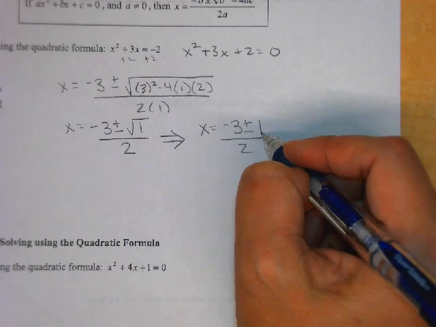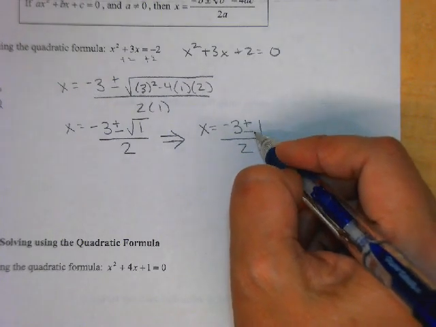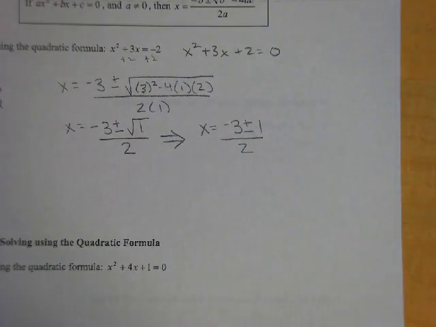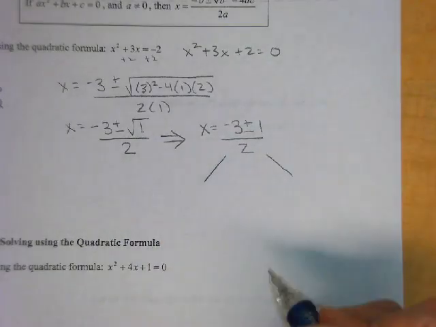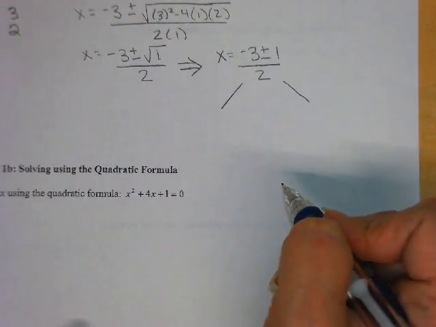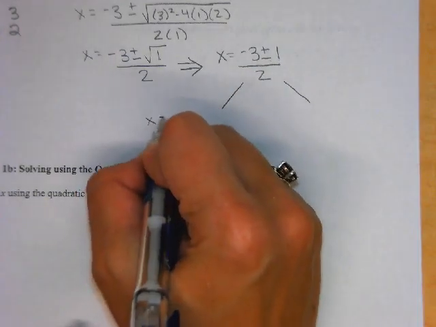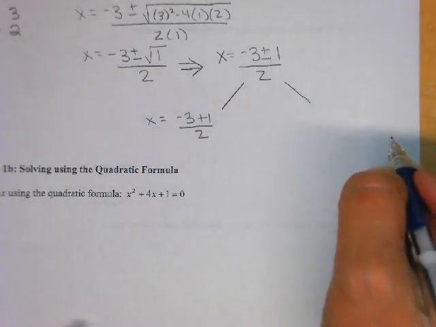And way back when we first looked at this plus or minus symbol, we said that is two operations. So this is really two separate problems. Yes? This is saying x equals negative 3 plus 1 over 2.